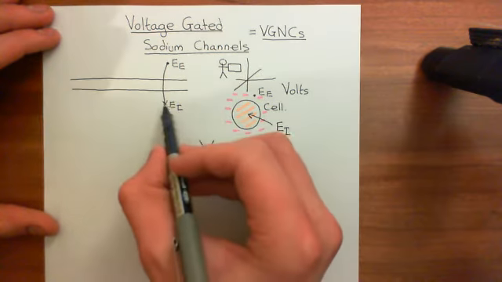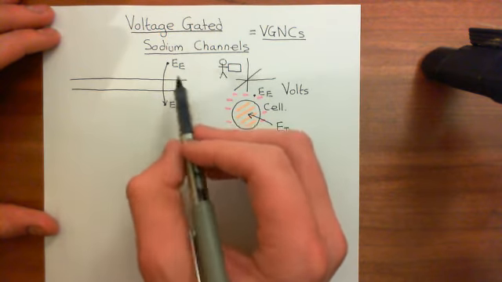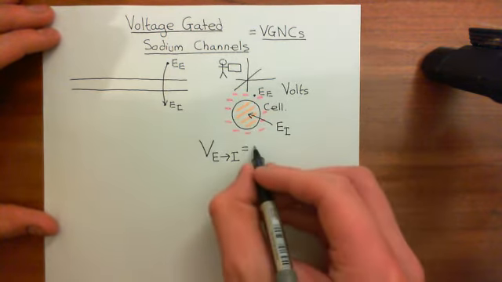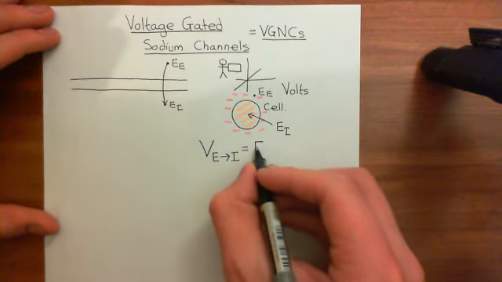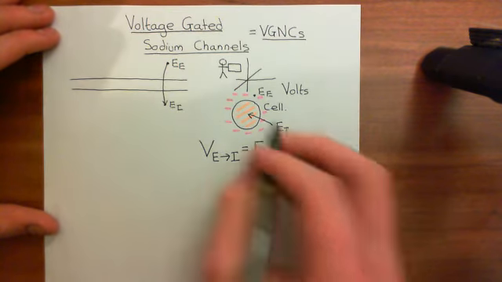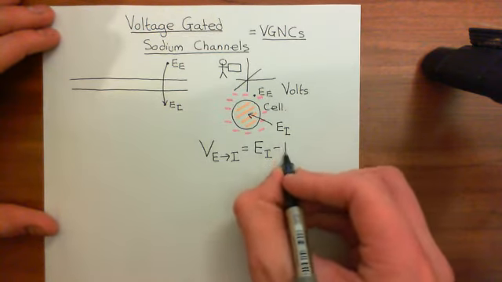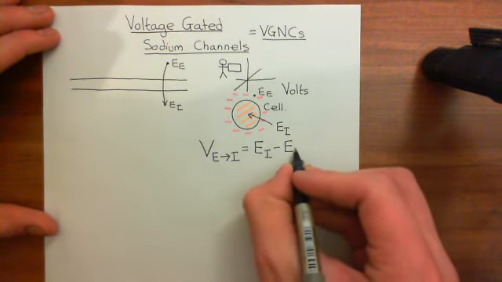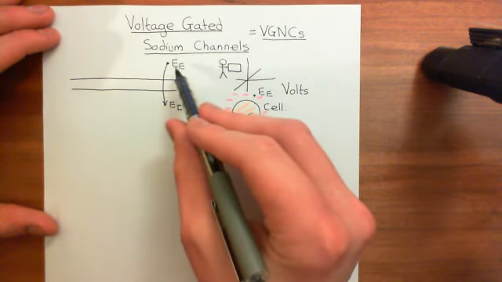So we can now write this in terms of the electrical potential intracellularly and the electrical potential extracellularly. The change in electrical potential across the cell membrane from extracellular to intracellular means the new electrical potential, which is the intracellular electrical potential, the one he'll have on the screen of his machine at the end, minus the old electrical potential, which is the electrical potential extracellularly, the number that he had on his screen originally.